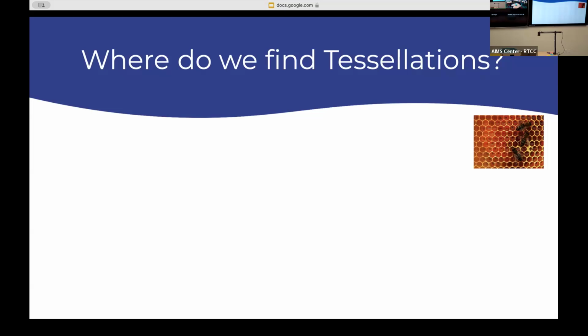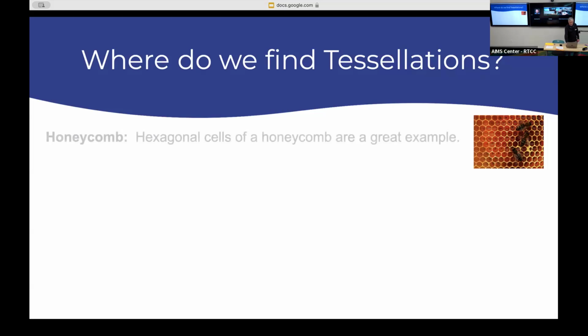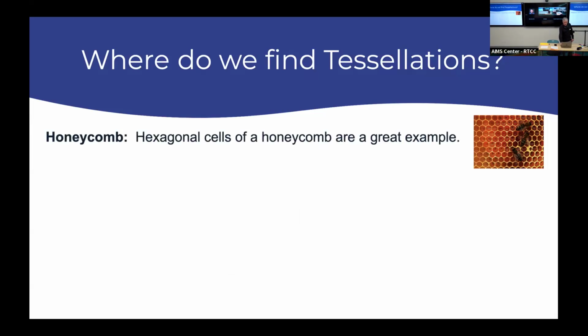What is this here? Yeah, a bee's nest, a honeycomb, right? That's a repetitive pattern of hexagons. And that's where they store their honey, where they store their eggs. It's an efficient way of using material, their wax, to create a home for them. And they do that in a tessellated pattern.